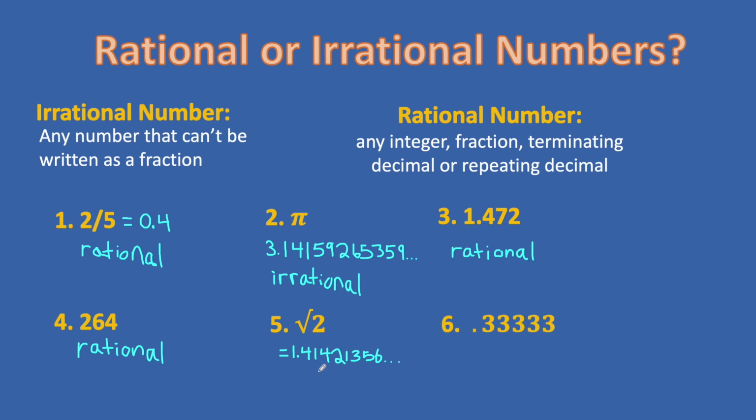So for this one, we see that this decimal is not considered to be a terminating decimal or a repeating decimal. So since it doesn't fit those two descriptions, that means it's an irrational number, because we don't have a decimal where the digits are repeating, or a decimal that's terminating. So we want to write irrational.